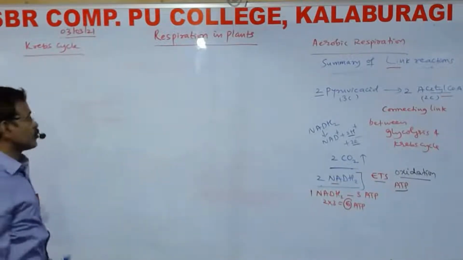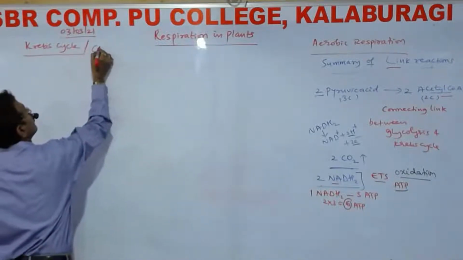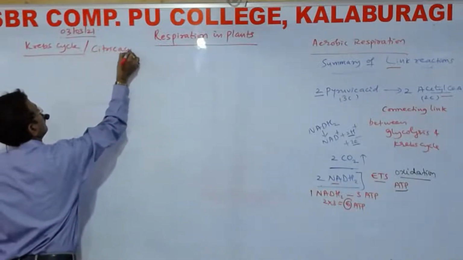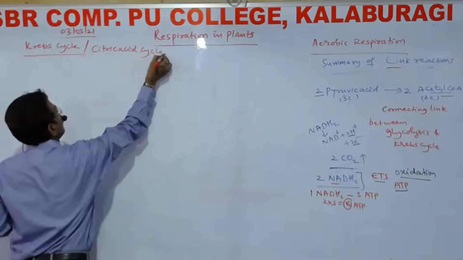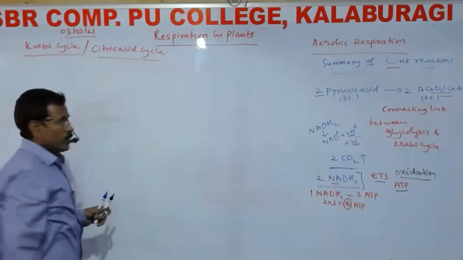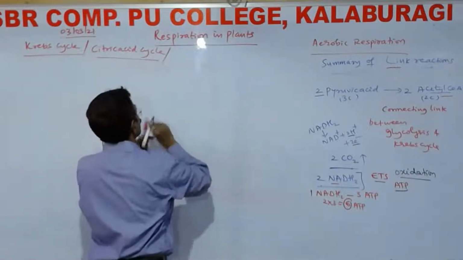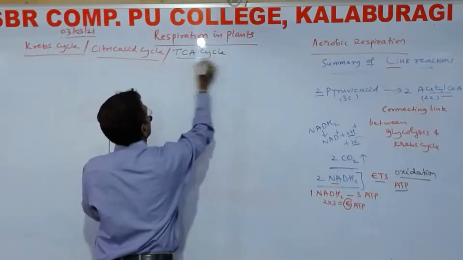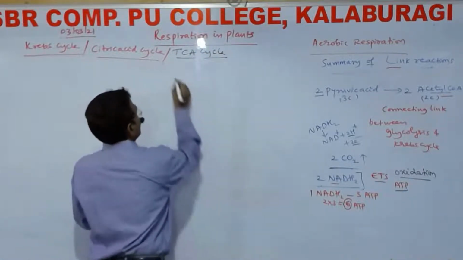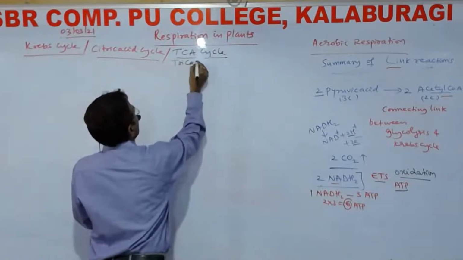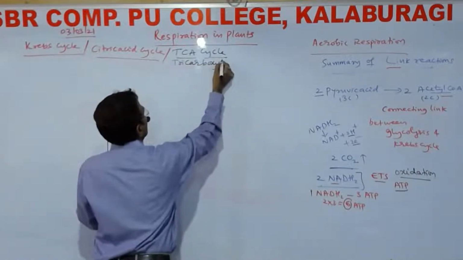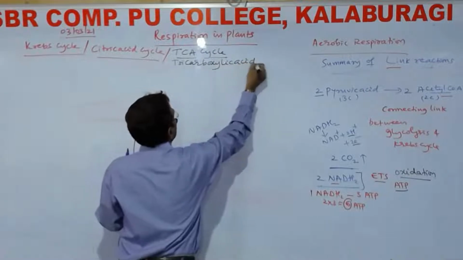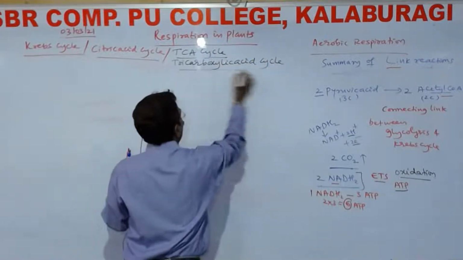The Krebs cycle is also called the citric acid cycle. It is also known as the TCA cycle, that is the tricarboxylic acid cycle.